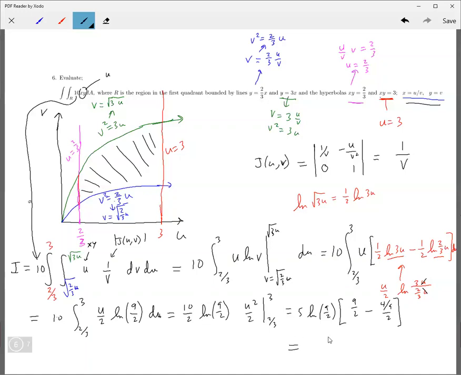If you put that in the calculator, you're going to get 385/18 log of 9/2.